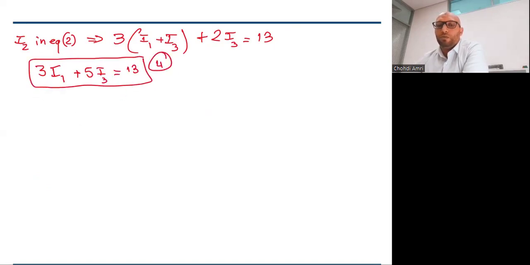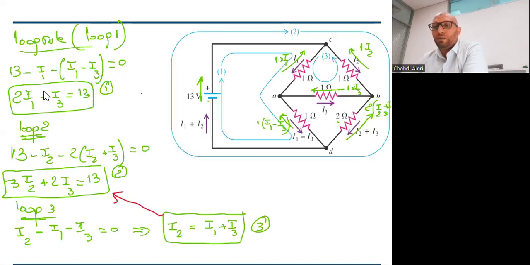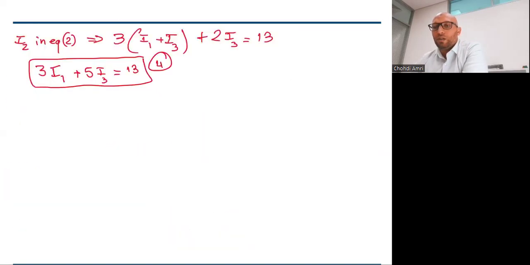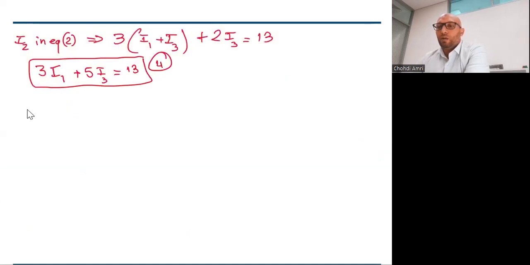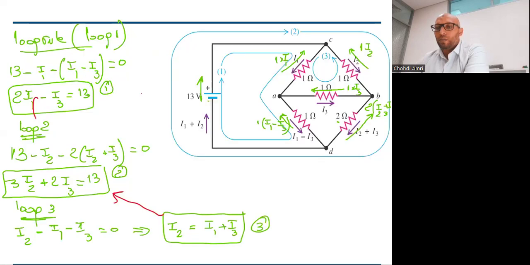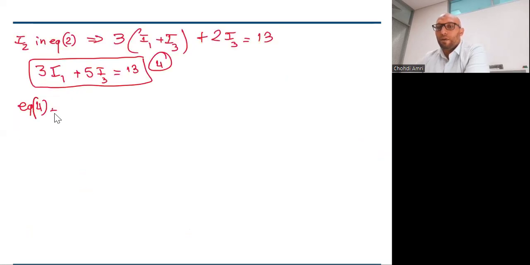Now we have equation number 4 and equation number 1, so we have to arrange these two equations. If we multiply equation 1 by 5, we can write equation 4 plus 5 times equation 1. Why? Because we want to cancel this I3.